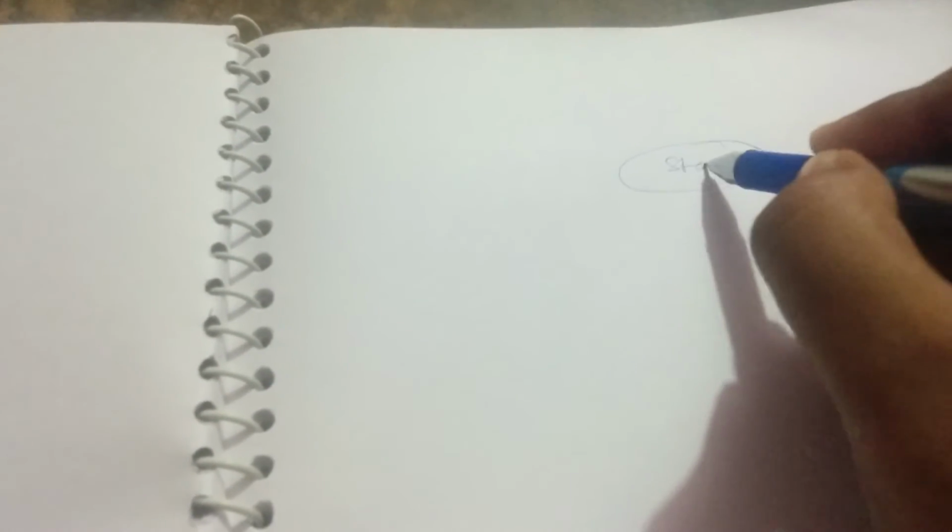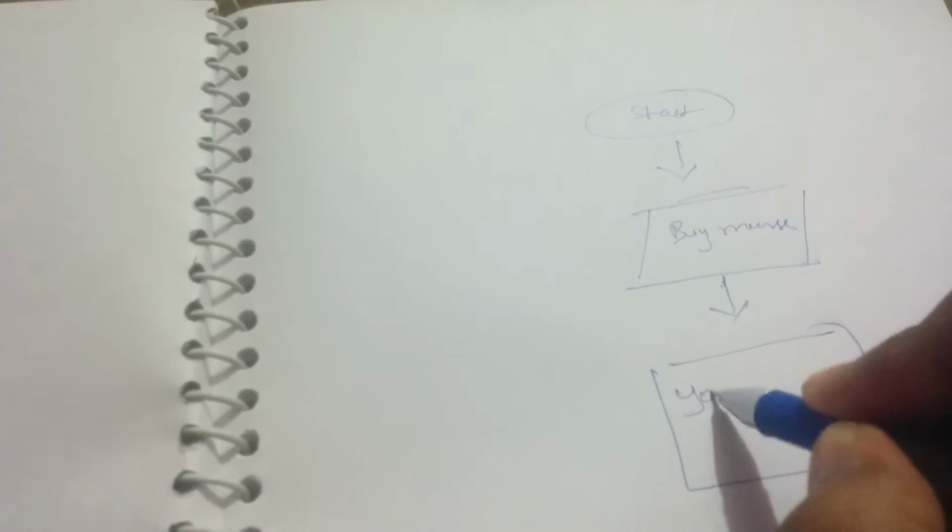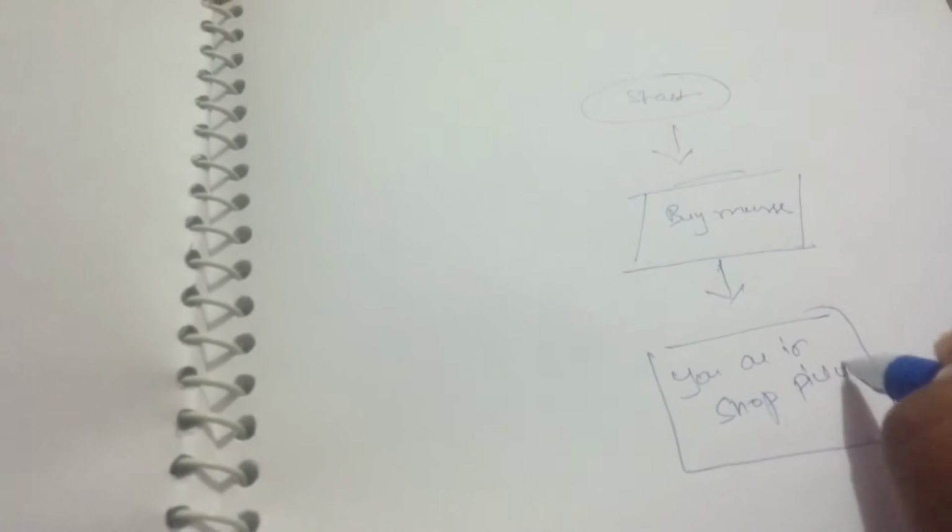Start, then input: buy mangoes. Process: you are in the shop picking mangoes. Next, you want to make a decision: which are the best?